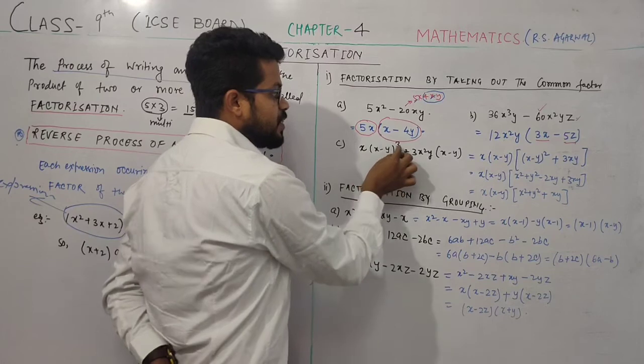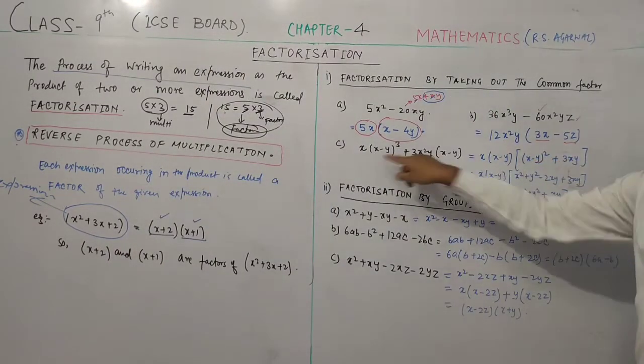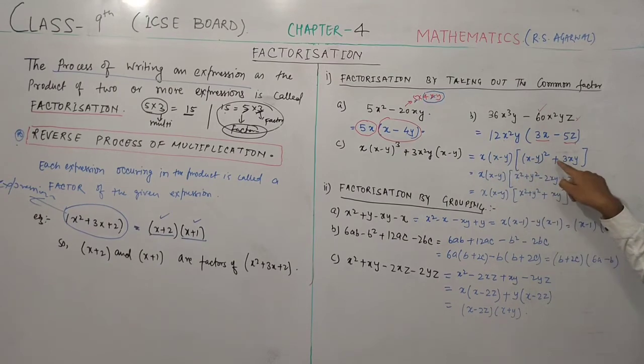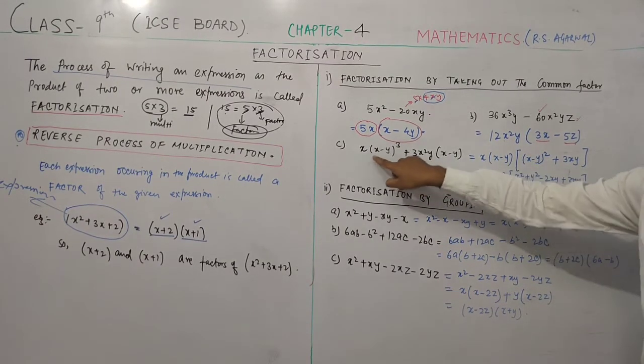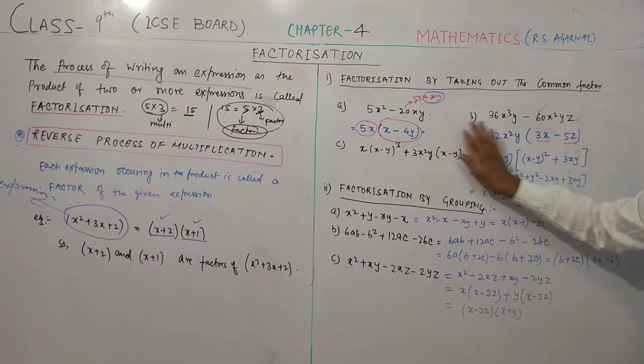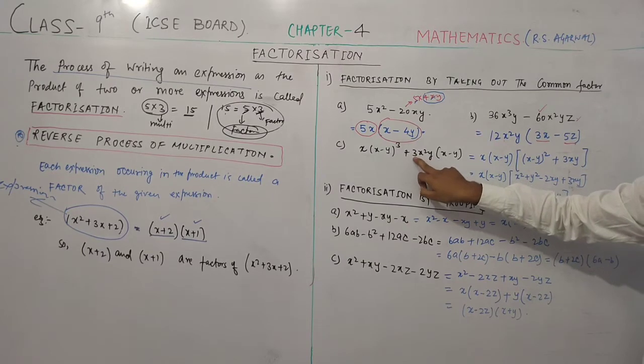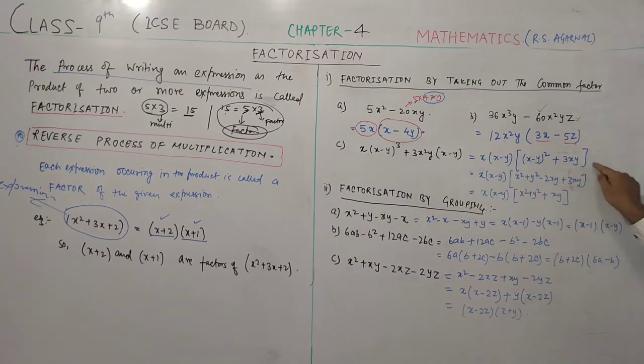If I take x minus y common, the remaining term is (x minus y) square, and plus, from the other term, x minus y is wiped out and the remaining one is 3xy. So here it is 3xy.